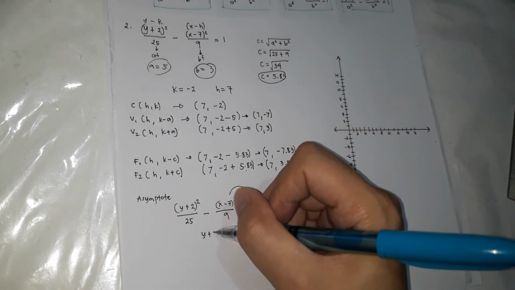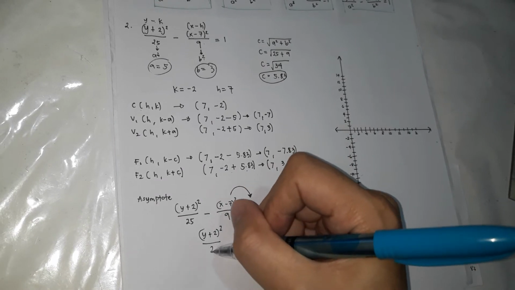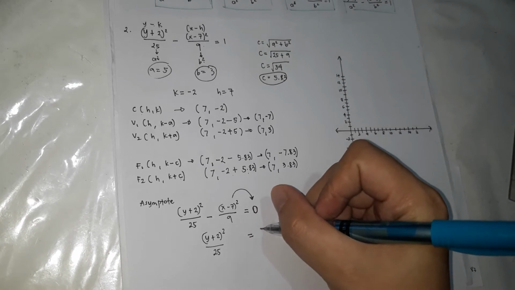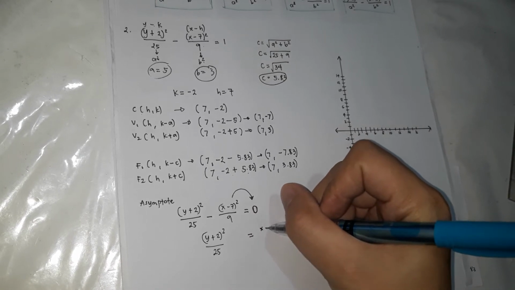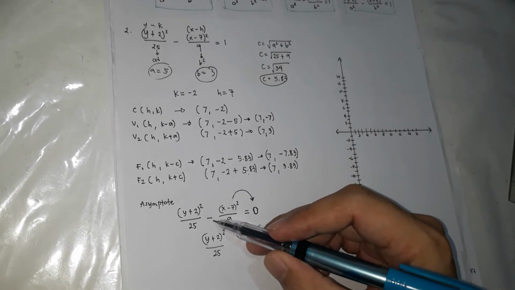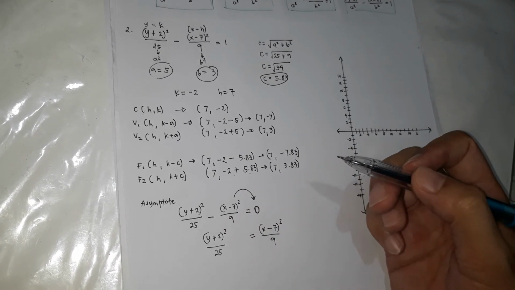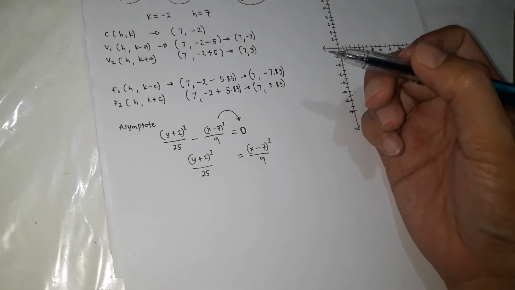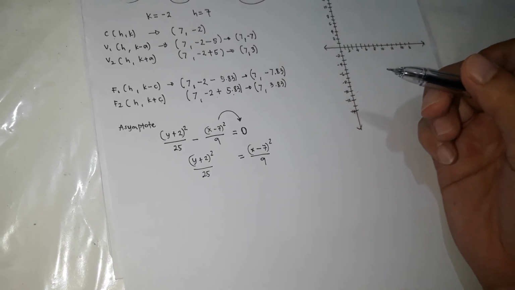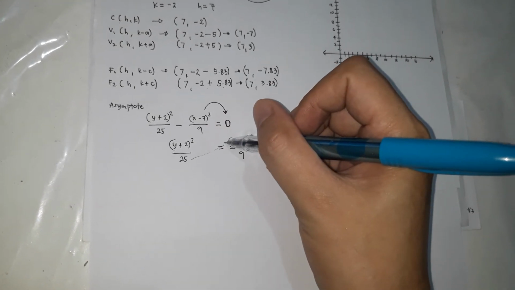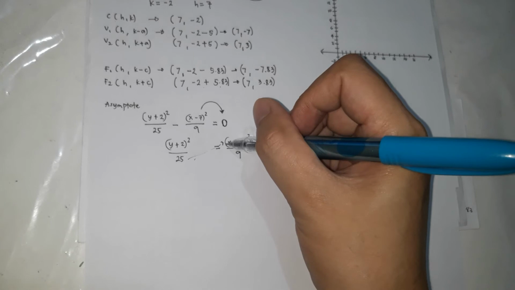So (y plus 2) squared over 25 is equal to (x minus 7) squared over 9. Negative siya, ilipat mo magiging positive. Next, to solve next is, you may actually square root, or ganito, cross multiply mo siya. Si 25, ilipat mo dito.